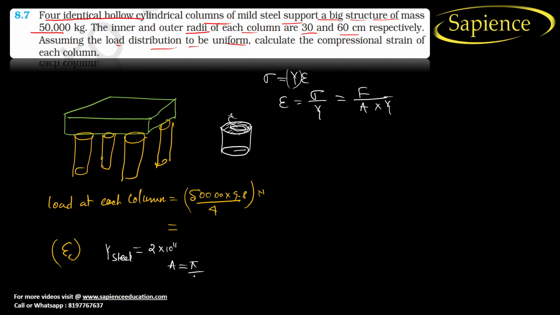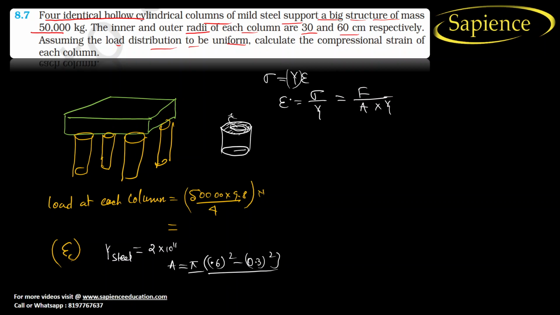So area will be pi into r square, outer radii minus inner radii, so this will be pi into 0.6 whole square minus 0.3 whole square, converting from centimeter to meter. So this is the area.